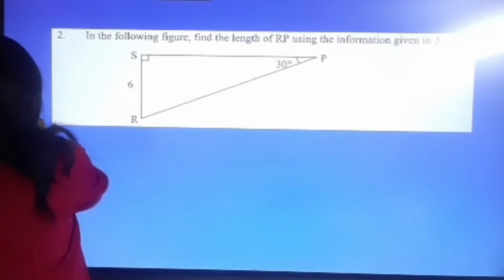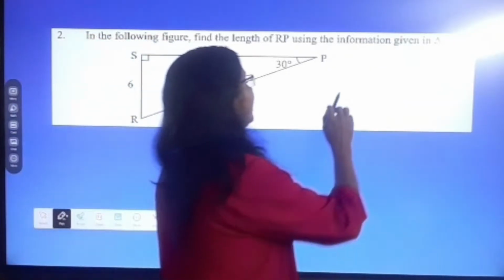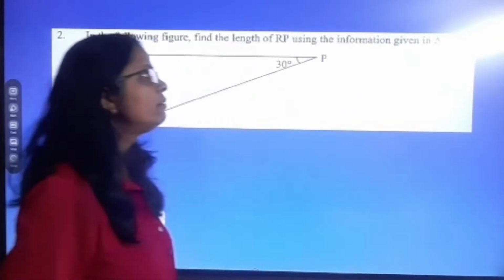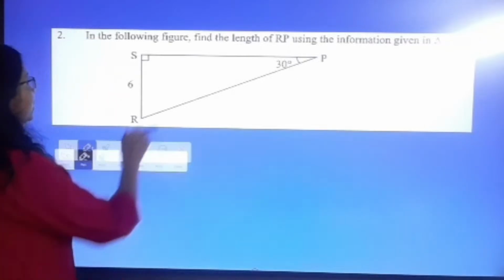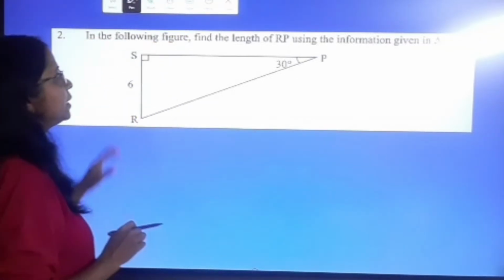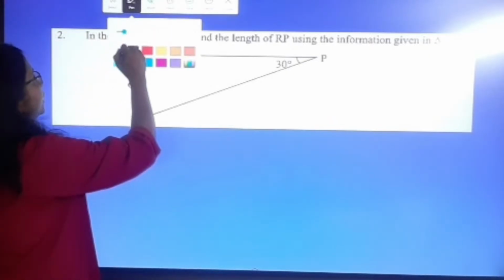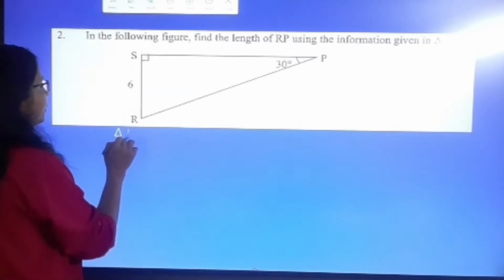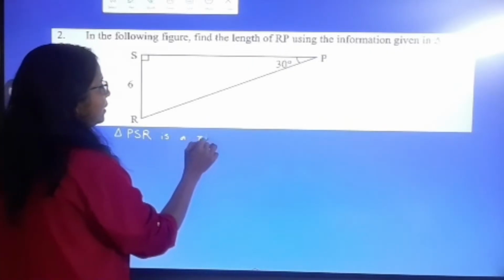Then the next example, students: in the following figure, find the length of RP using the information given in triangle PSR. So see, this triangle is a right angle triangle. I write down here that triangle PSR is a right angle triangle.